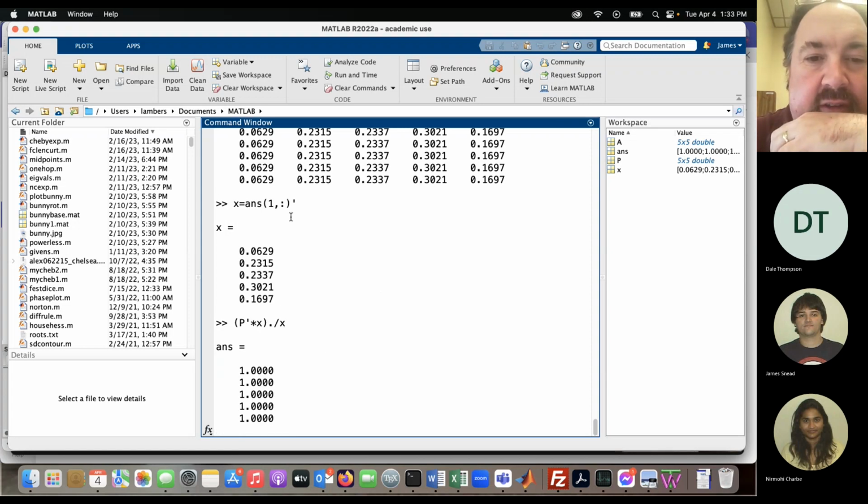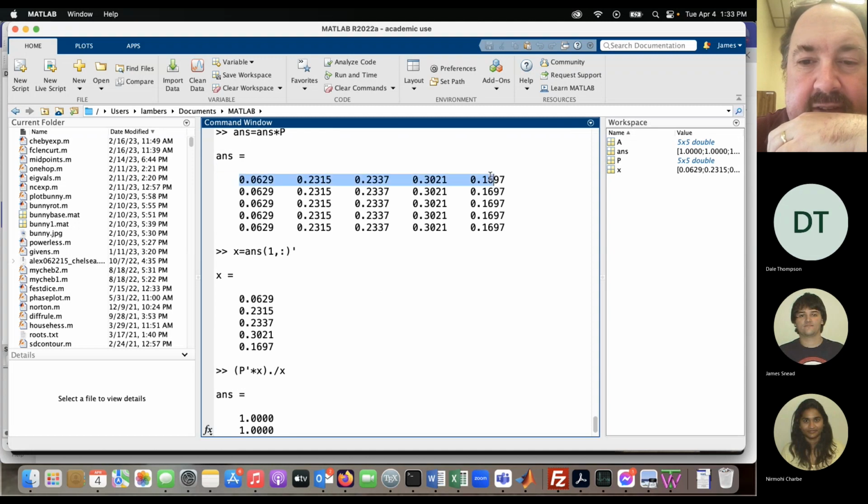In other words, these entries that we get from any row, because all rows are the same, are the eigenvector of P transpose corresponding to the eigenvalue 1.